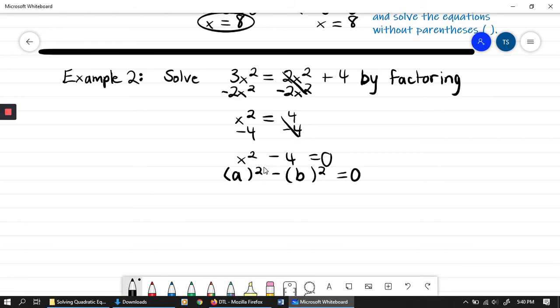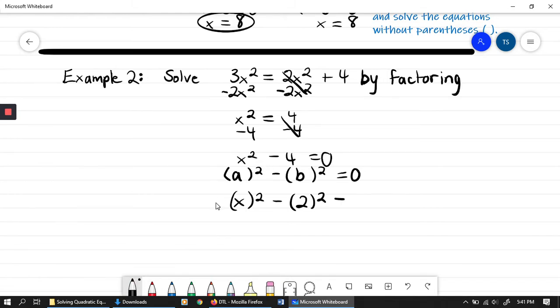In this particular case, it is x that's being squared here, and it is 2 that's being squared here. 2 squared gives you 4, and x squared, of course, gives you x squared.